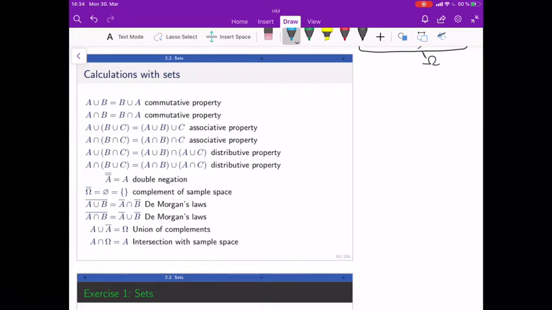Let's start with this one. So if I have A union B, I can change the order. Yeah, that's what we used to. Something like, 1 plus 2 is also 2 plus 1. It's called commutative property, and it also holds for the intersection symbol. Yeah, I can change the order, no problem.